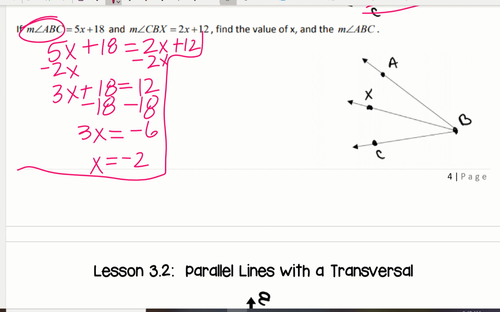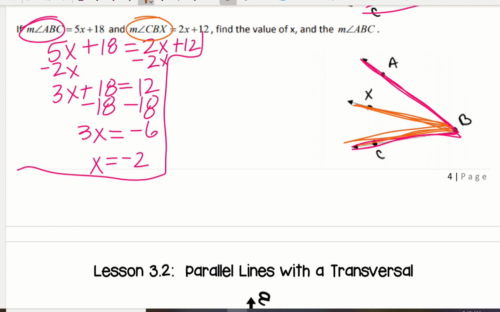This says the measure of angle ABC. So that's the whole one. And CBX is the half. So that's my bad because I didn't actually read that all the way through. So ABC is the whole, CBX is the half.